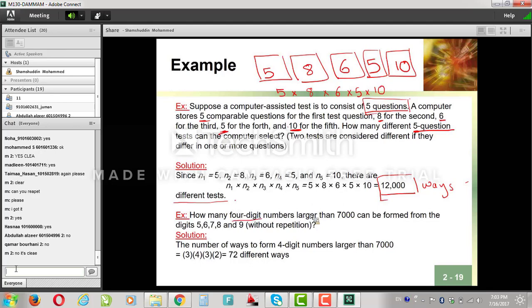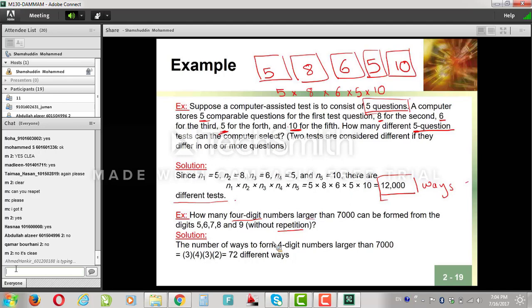Let's see an example here. How many 4-digit numbers larger than 7,000 can be formed from the digits 2, 5, 6, 7, 8, 9 without repetition, meaning without repeating the things?